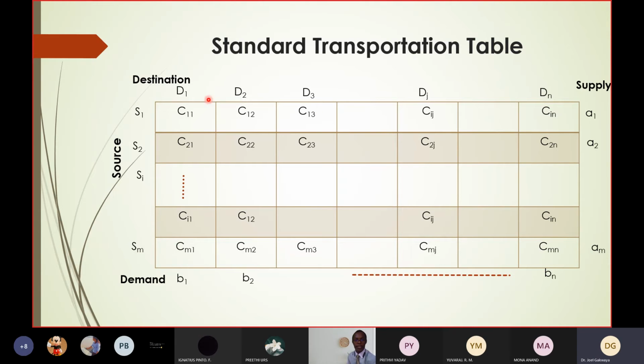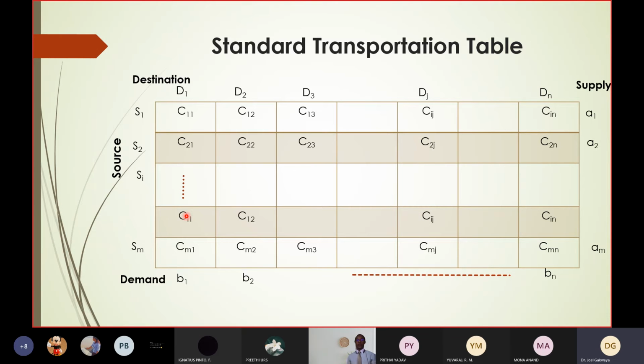For the column-wise, like down here, column 1 stands for the destination. And every destination needs a demand. For example, let's say a source is going to send 200, but the destination needs only 50.